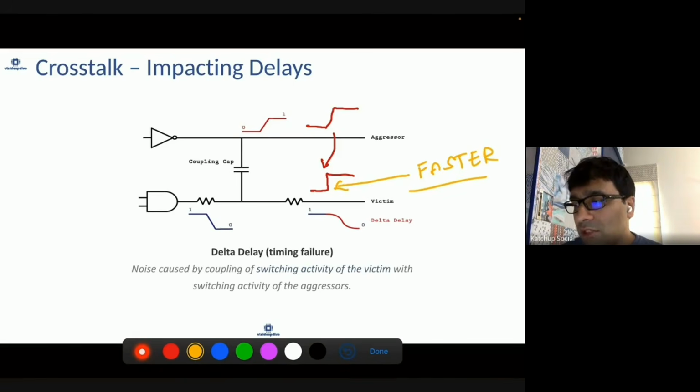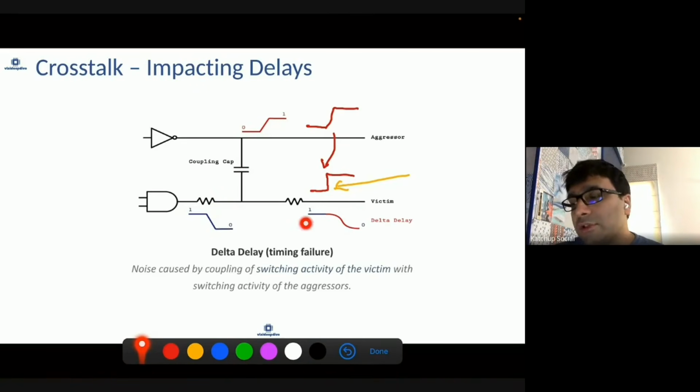If the signals are changing in the opposite direction, as shown here, this signal is changing from 0 to 1, and this signal is changing from 1 to 0. Because of coupling capacitance, this signal will try to pull this signal towards itself.